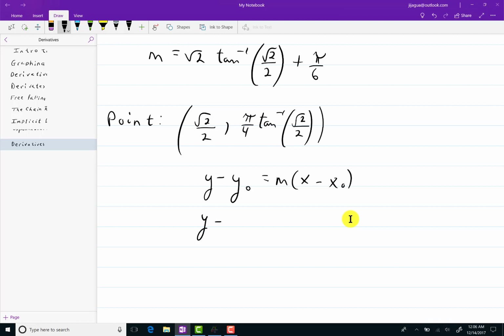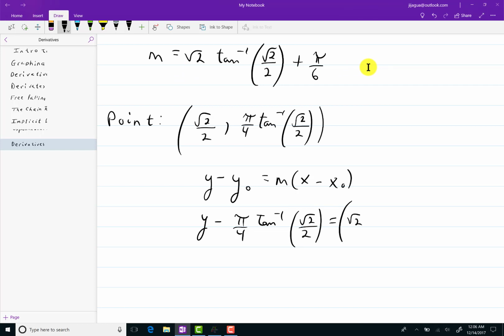Y minus, my y0 is this stuff, pi over 4 arctangent of radical 2 over 2, equals the m, which is all of this stuff. So let's get it in there.